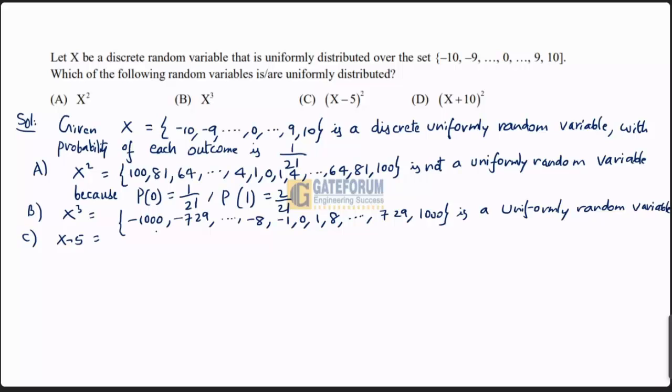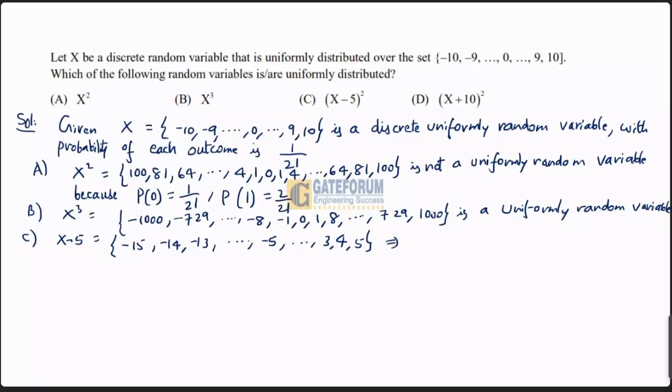Subtract 5 from each outcome of the random variable X to get the random variable X minus 5. So this is minus 15, minus 14, minus 13, and so on, minus 5, and so on, 3, 4, 5.